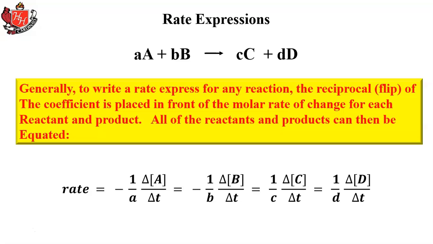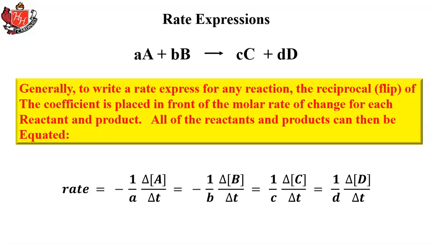So in general, don't get too crazy about this. Just learn the process. If we have an equation, small a would represent the coefficient, and large A would represent the compound. For example, small a could represent 1, and large A could represent CH4.